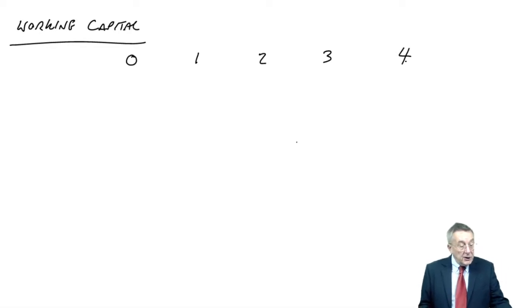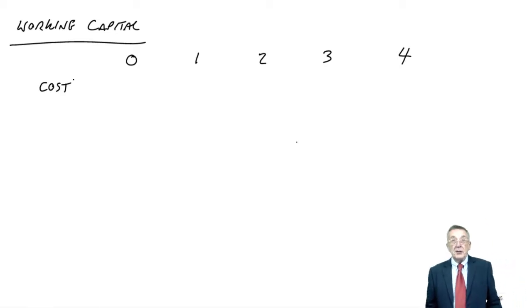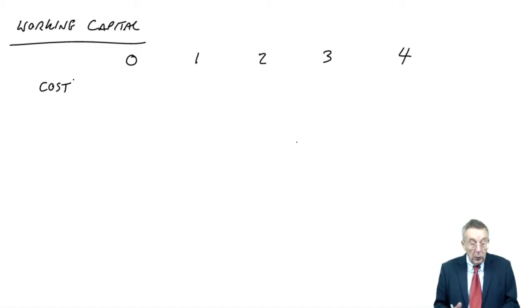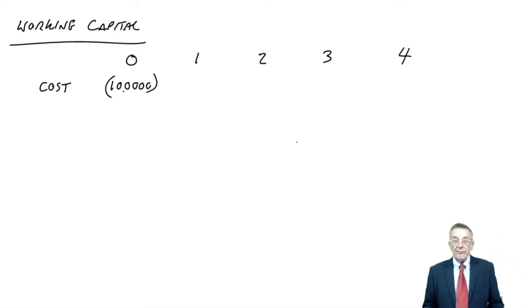And what does it say? It says a machine costs 100,000 to purchase. The initial cost, unless you're told differently, we always assume is payable immediately, at time 0, now. So there's a cash outflow of 100,000. Leave working capital for a moment; I'm going to explain that separately.